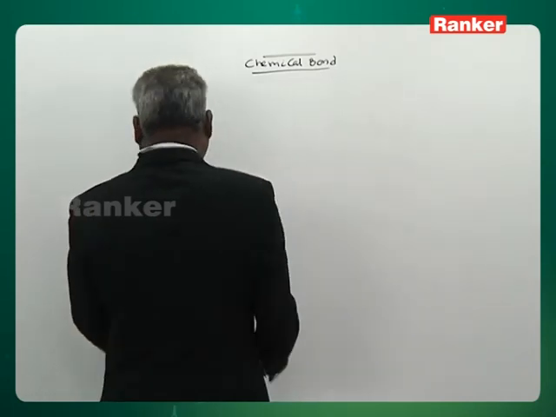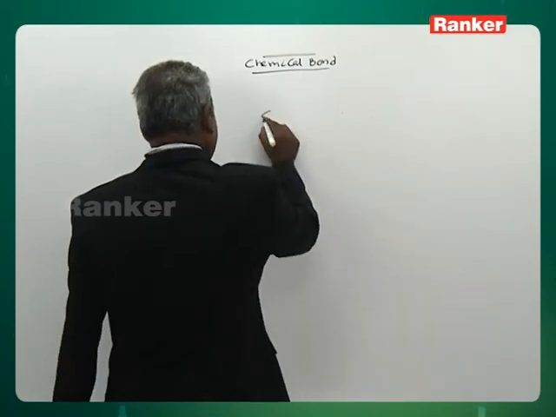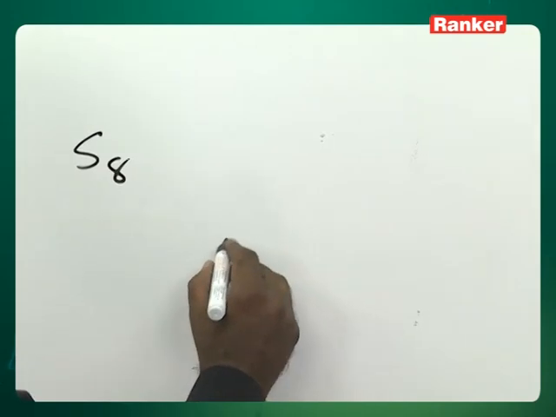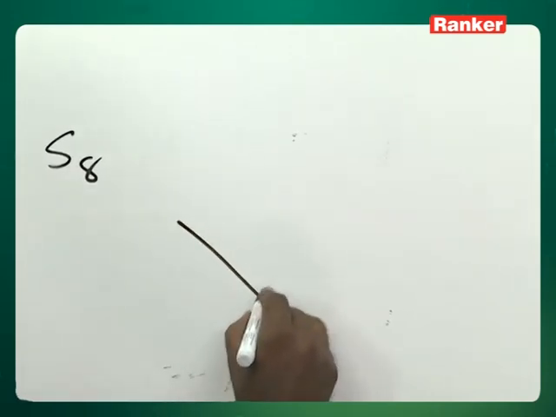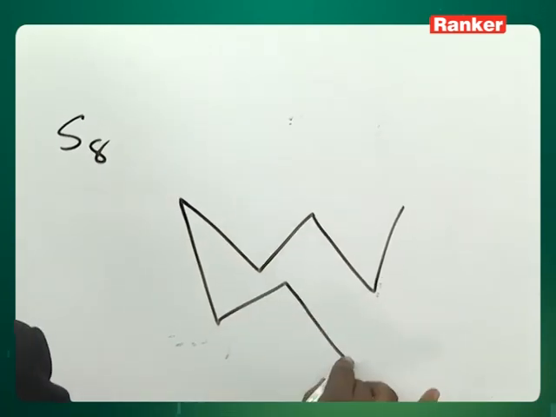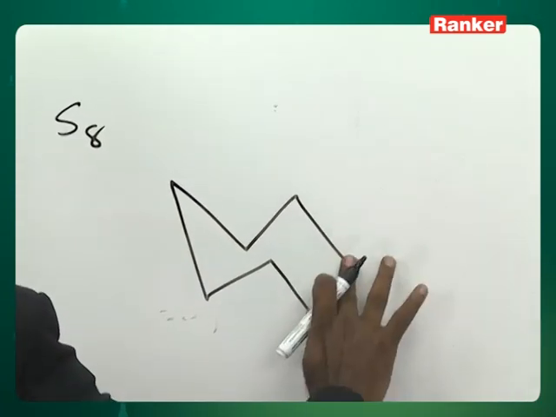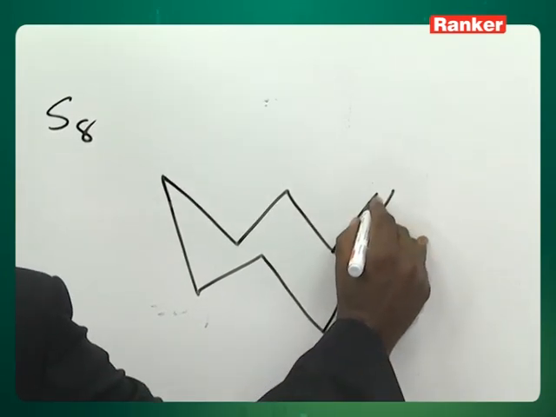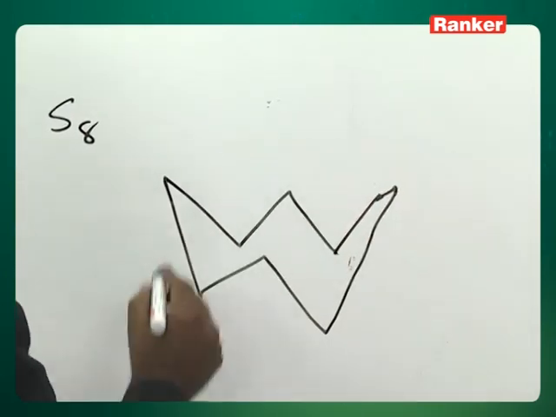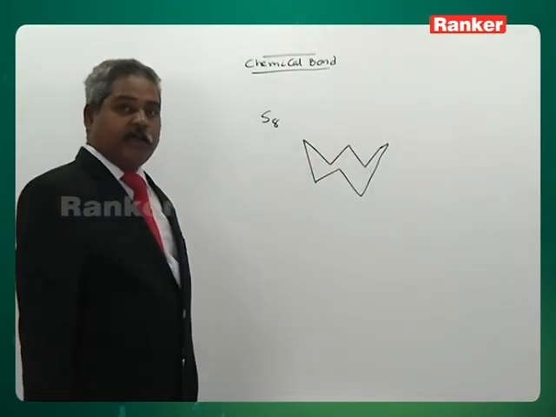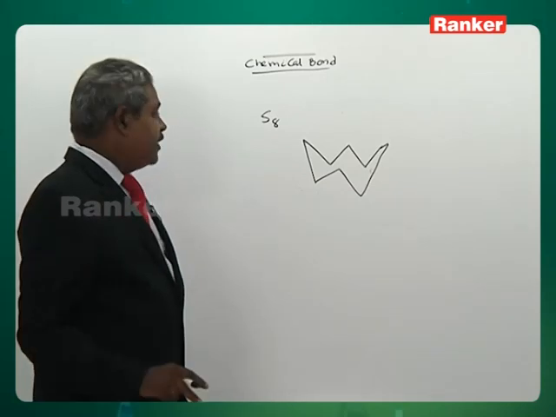S8, 8 sulfur atoms in one molecule. S8, you should write 8 sulfur atoms. And you also know when sulfur forms two bonds, it is left with two lone pairs, two bond pairs and two lone pairs.